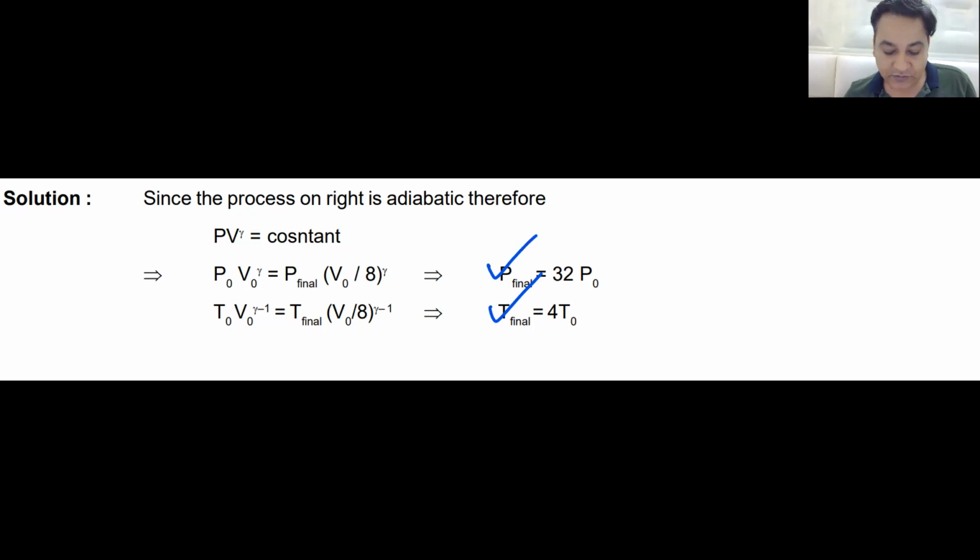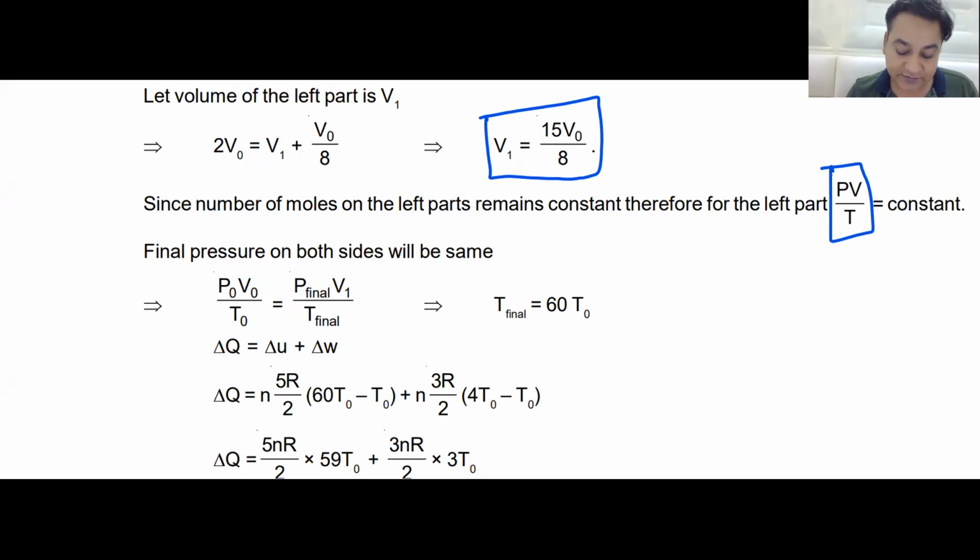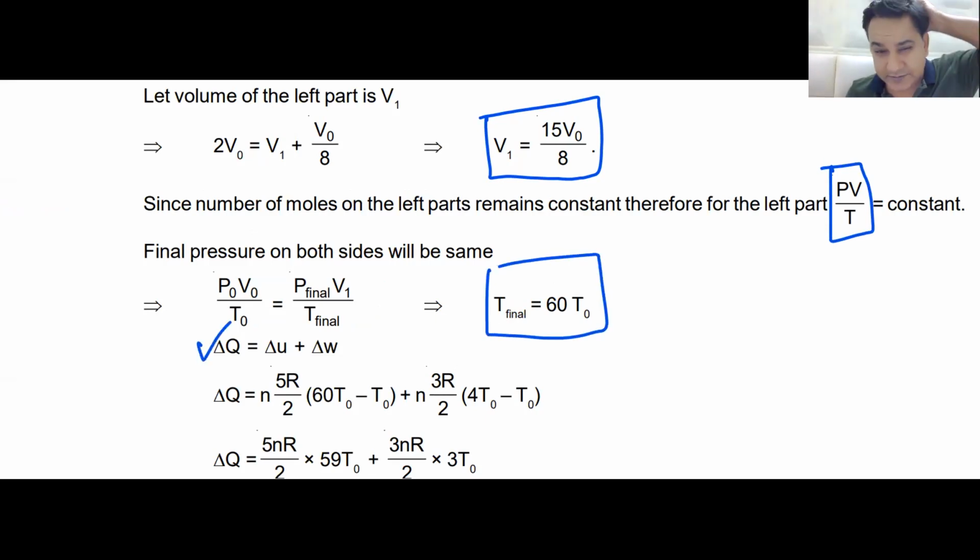You can find the volume of the left part and the volume of the right part. Since you now know the volume of the left part, PV by T is constant, so you can get the final temperature. Once you get the final temperature, you apply delta Q is delta U plus delta W, and you will get the answer.